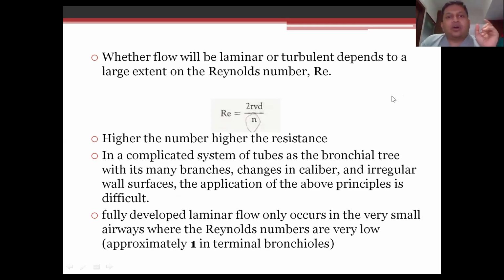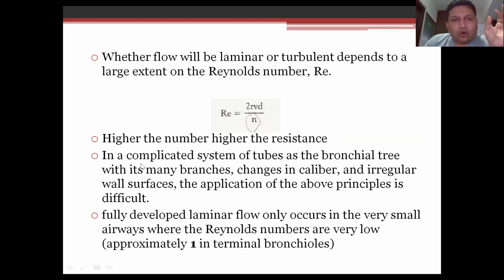That is a property of the system, which includes the pipe and the gas inside it. Both properties combine to make a Reynolds number. If this Reynolds number is high, then the resistance is high. If it is low, near 1, then the resistance is very low. So it is R, V, D over viscosity: R is your radius, then velocity, density, and this is your viscosity.